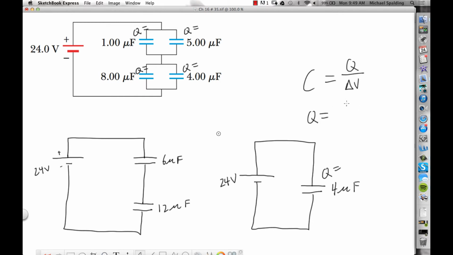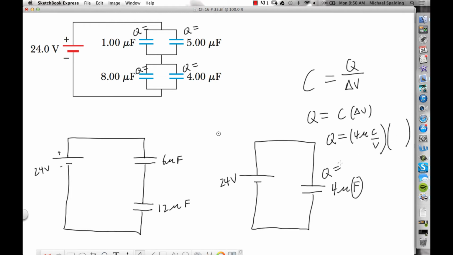So charge is capacitance times voltage. So the capacitance here is 4 microfarad. Now, look, I would just leave the micro there. What's a farad? A farad is coulomb per volt. So it's like 4 microcoulombs per volt.